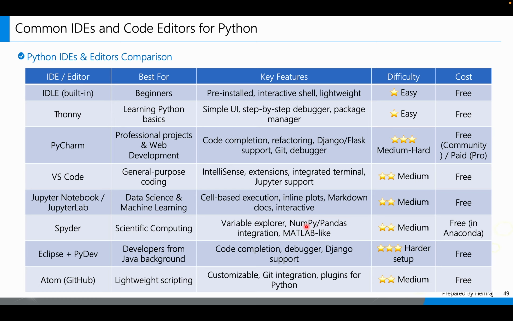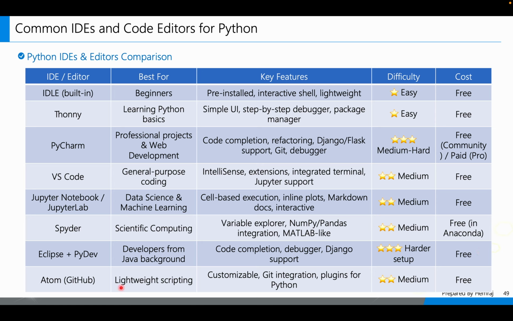NumPy's full form is Numerical Python, and Pandas. NumPy and Pandas are Python libraries. Integration, MATLAB-like, medium difficulty, and also free in Anaconda versions. Eclipse and PyDev: developers from Java backgrounds, code completion, debugger, Django support, harder setup, right? And all these are also free, of course.